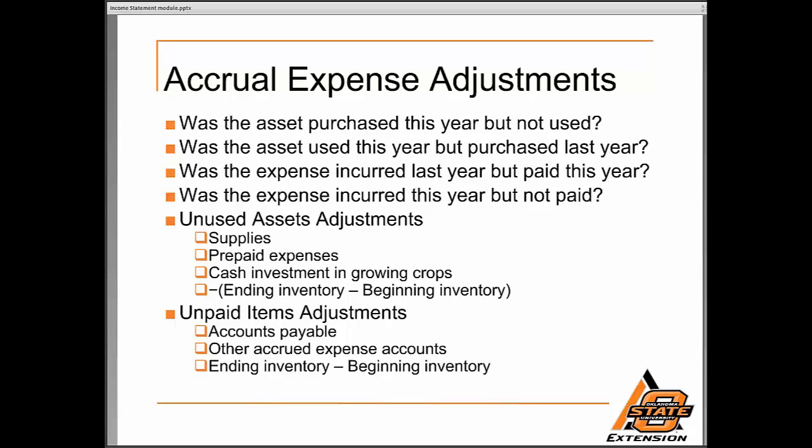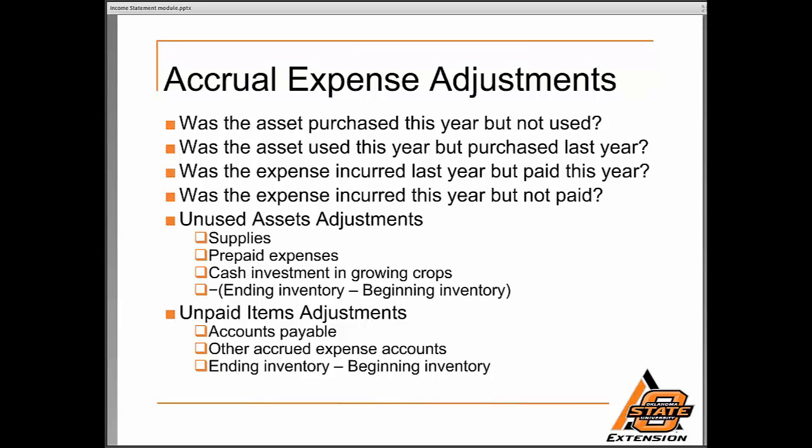If the beginning of year balance sheet shows $2,000 in an account payable to the feed store, and the end of year balance sheet shows $7,000 account payable to the feed store, a $5,000 positive expense adjustment, ending minus beginning, or 7,000 minus 2,000, must be made to the operation's expenses.